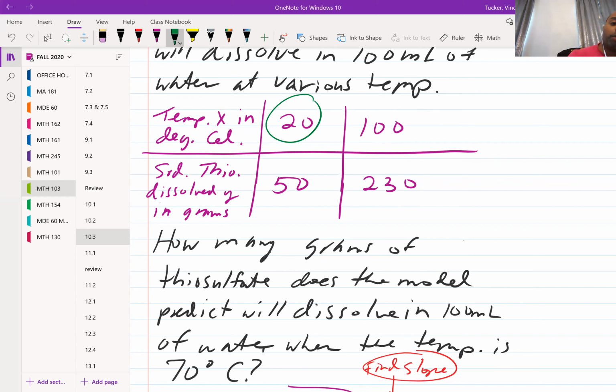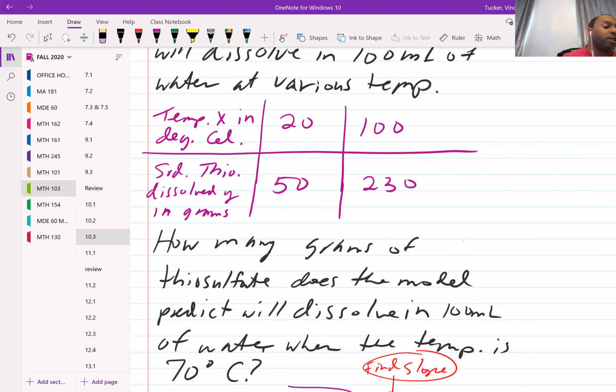So we know when the temperature is 20 degrees, 50 grams will dissolve, and if the temperature is 100, then 230 grams will dissolve. So what we're going to do is create our equation with this given information, then plug in 70.